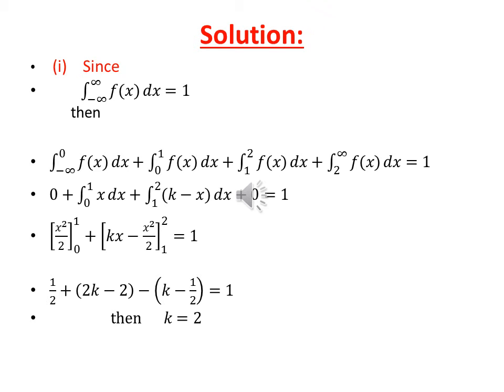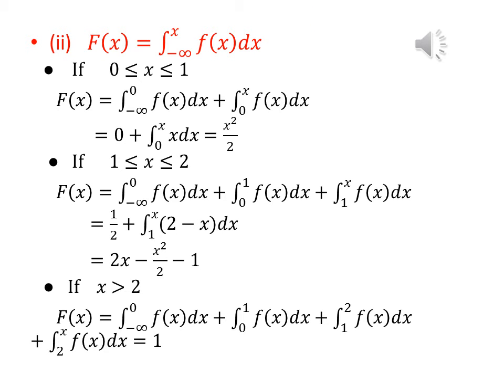So the integration from 0 to 4 of kx dx equals kx squared over 2 from 0 to 4. The value we get for k is 1 over 8, equal to 0.125. Then f of x is defined by this k.